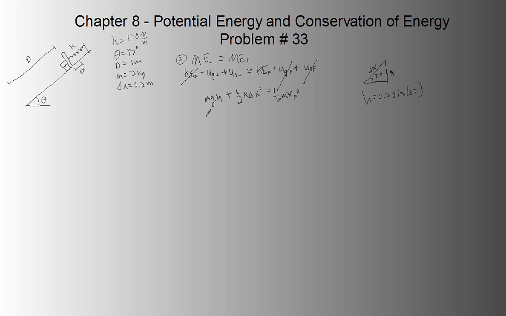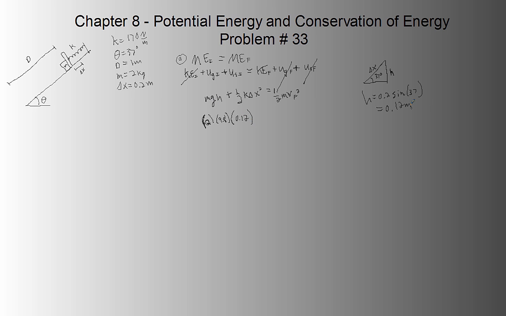So let's just plug in here. Well, actually, we could solve this: h is 0.12 meters. Mass is 2, so 2 times 9.8 times 0.12.